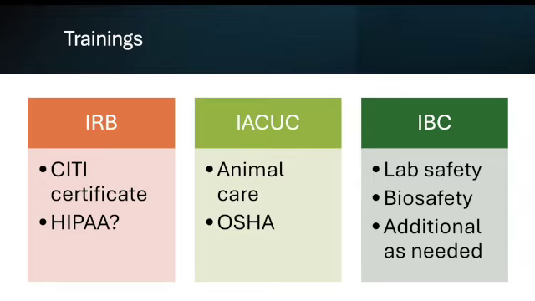This is a training certificate for human subjects research. It basically says that you have been trained to follow the principles of beneficence, non-maleficence, respect, and justice. The CITI certificate can be achieved through completing a training and a quiz. Check with your local institution how you would go about getting that.